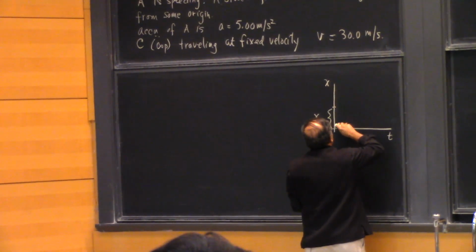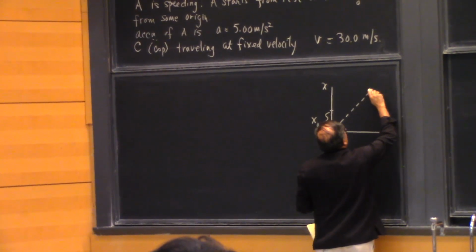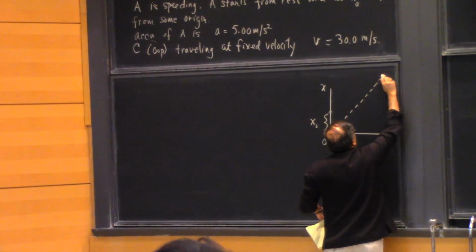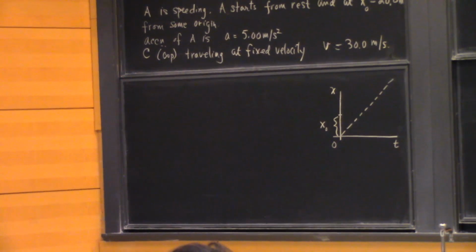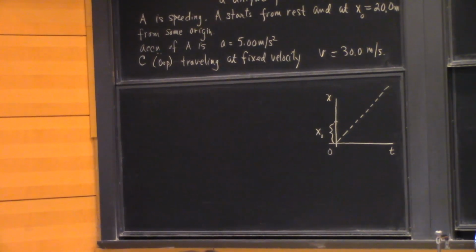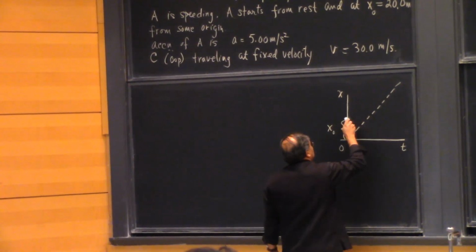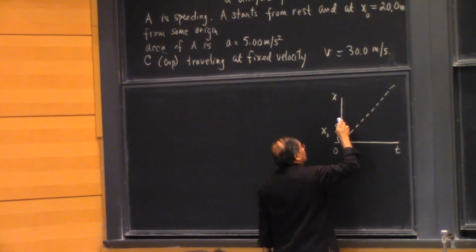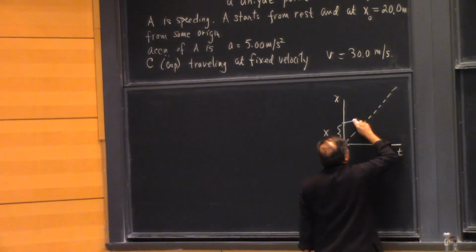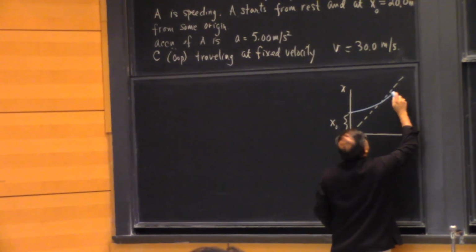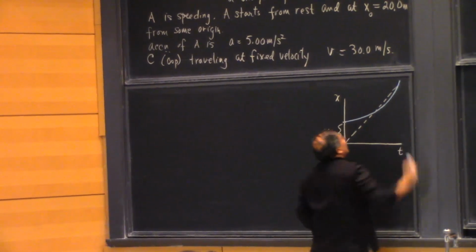So let us say we graphically describe how the cop is progressing in time with this dashed line. Now let us say that A, which is starting from rest, is going to accelerate at 5 meters per second squared, which means A actually will go like this, like that.